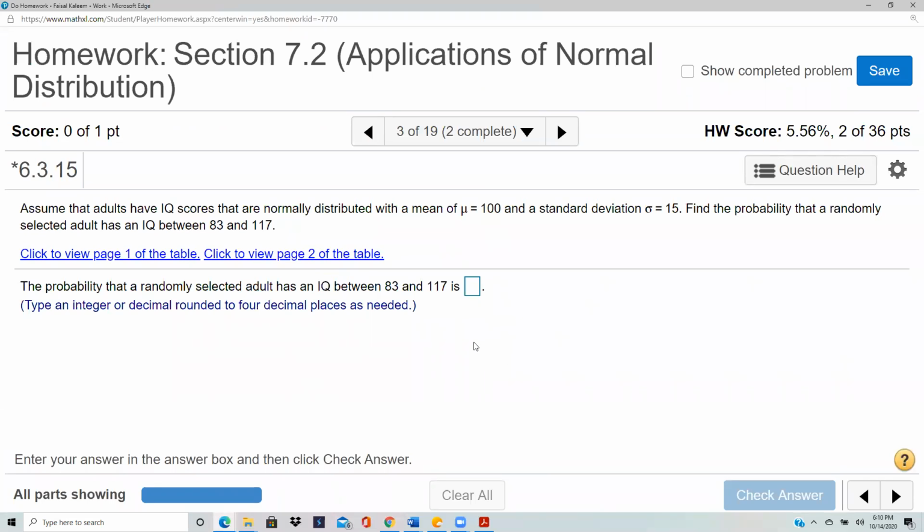Okay, IQ scores are randomly distributed with mean 100, standard deviation 15. Find the probability that a randomly selected adult has an IQ score between 83 and 117. So mean 100, standard deviation 15.